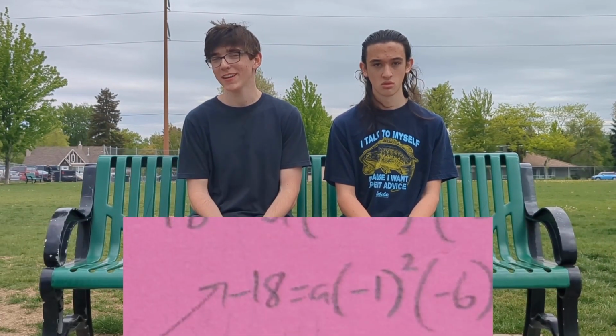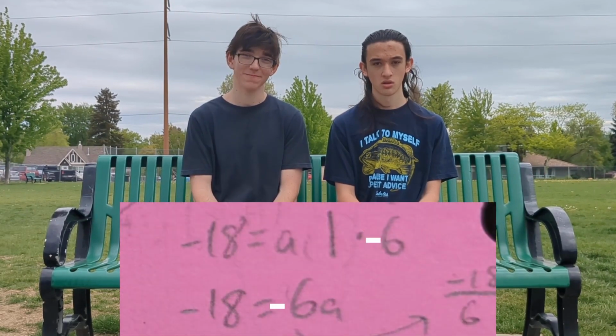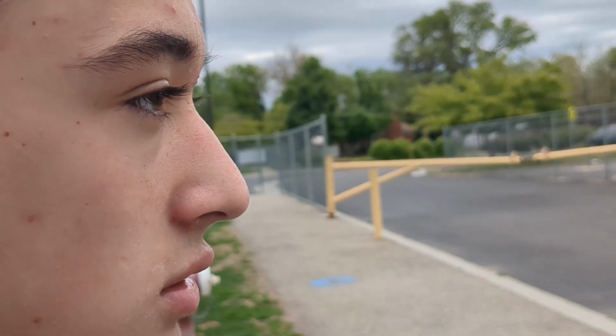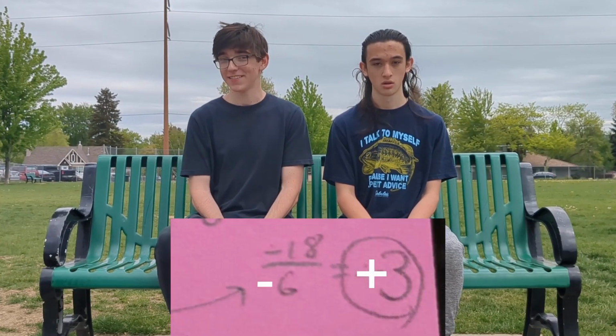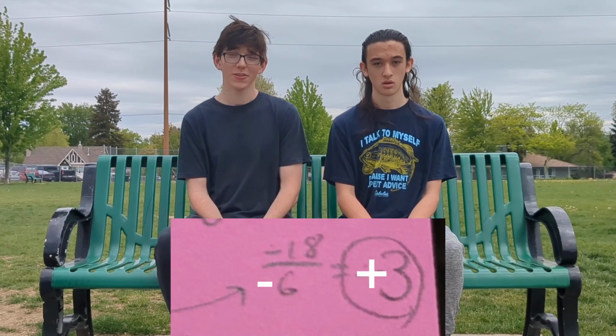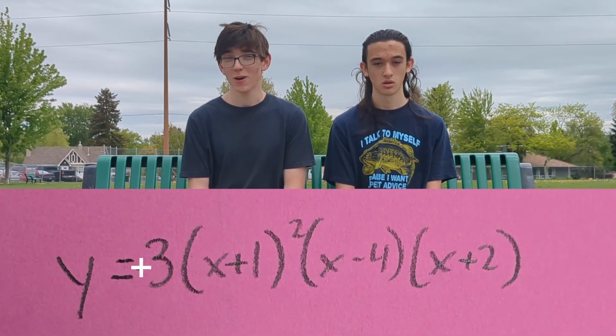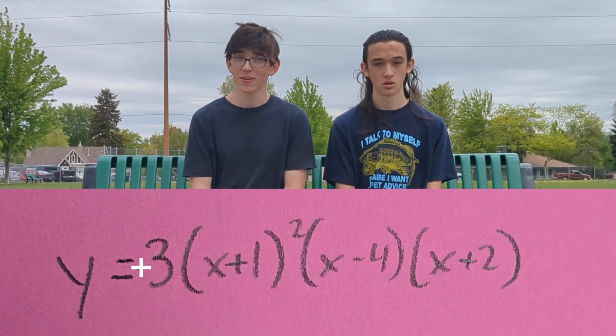Then multiply 1 and negative 6 together, and that's negative 6. And we plop that in as a's coefficient. And then we divide negative 18 by negative 6, and that's positive 3. So that makes our real equation y equals 3, x plus 1 squared, x minus 4, and x plus 2.